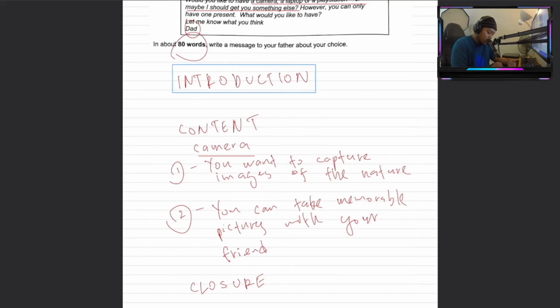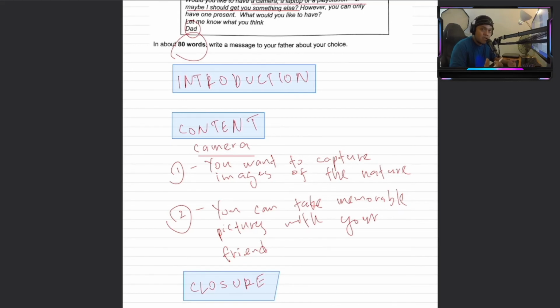You might think this is simple, but there are times that I found that your seniors, or even some of you, whenever you are writing an essay, forgot to write down your closure, or have a very bad introduction. This is supposed to be very simple, so you just have to memorize.